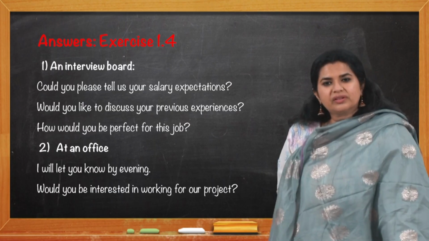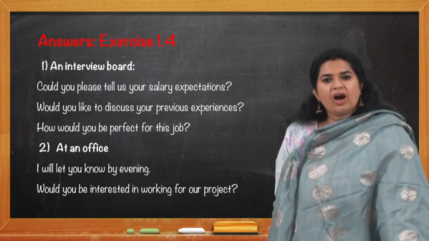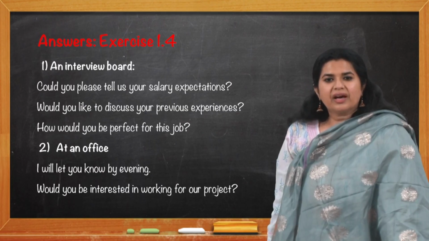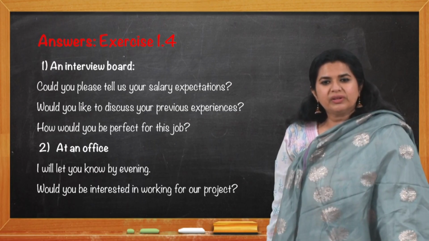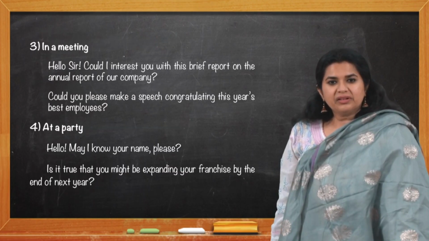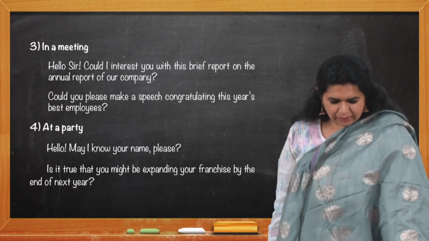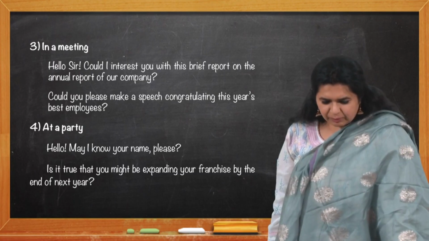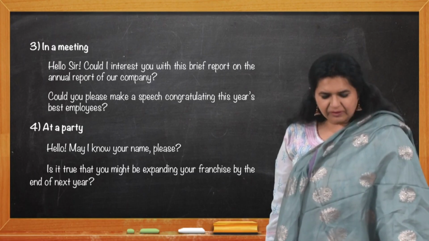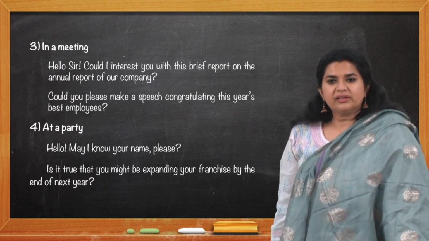Would you like to discuss your previous experiences? How would you be perfect for this job? At an office: I will let you know by evening. Would you be interested in working for our project? Next one, in a meeting: Hello sir, could I interest you with this brief report on the annual report of our company? Could you please make a speech congratulating this year's best employee?